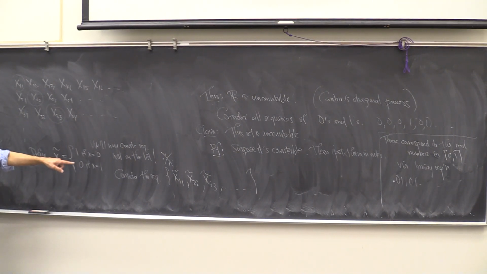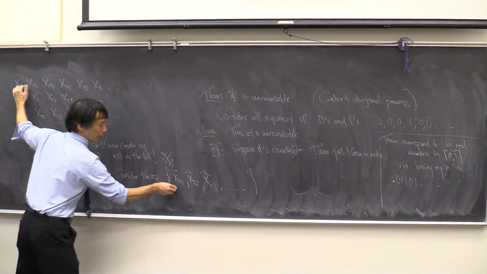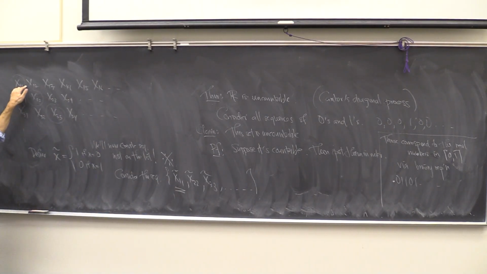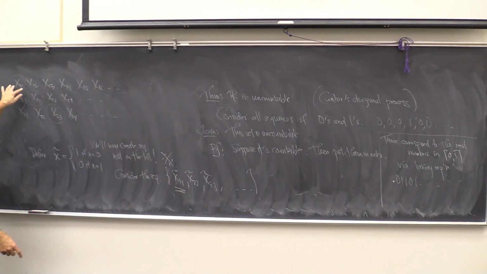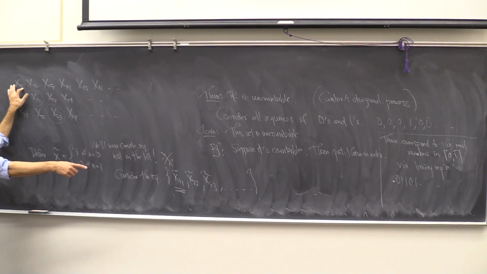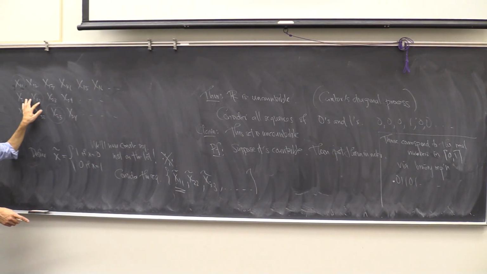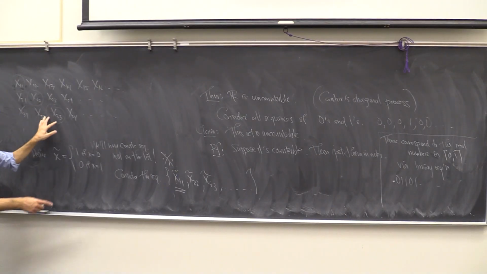That sequence cannot be the first sequence because it disagrees with it at the first element. Its first element is x11 twiddle. It's not the first one because that one had a 1, and this one has a 0. It can't be the second sequence because it disagrees with it at the second position. It can't be the third, and so on.